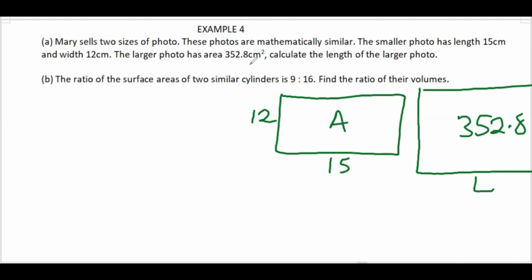So if you look at the two of them, since we are finding the length of this, you take the length of the smaller ratio the length of the bigger, which is 15 ratio L. We want to equate it to the ratio of their areas.